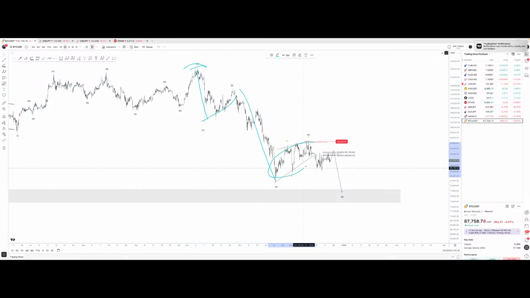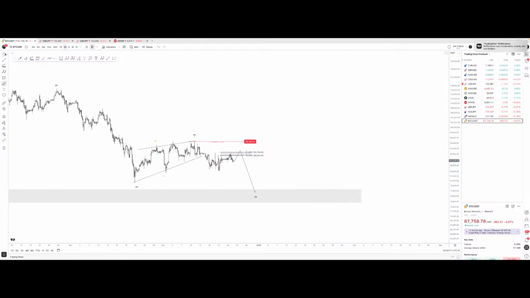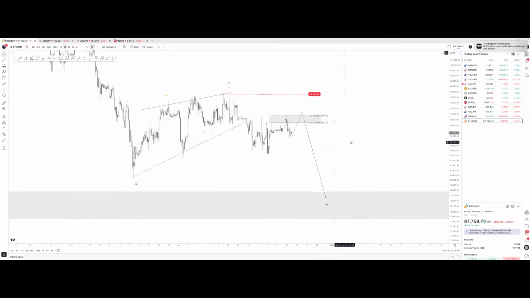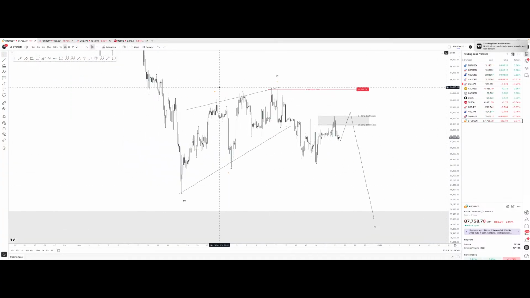Wave 4 potentially completed, and then we are in a wave 5 development. That's the current forecast, and we are looking at wave 5 development to the downside. If we start to zoom in from there, and we look at this here as wave 4 being completed, we have this move down.